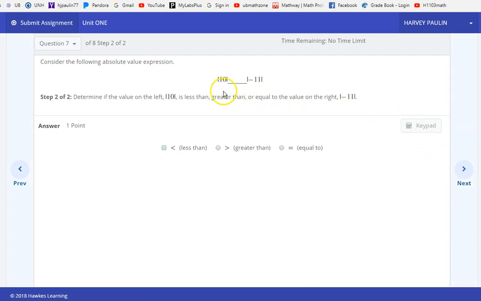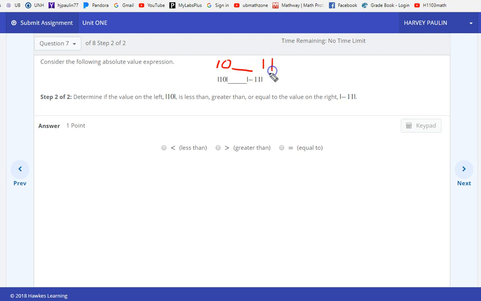Now, they're asking us to make this relationship, and here's where I would suggest you write it down. So we know the absolute value of 10 is 10. Now they're asking us to fill something in there. Now, what is the absolute value of -11? And the answer is 11.